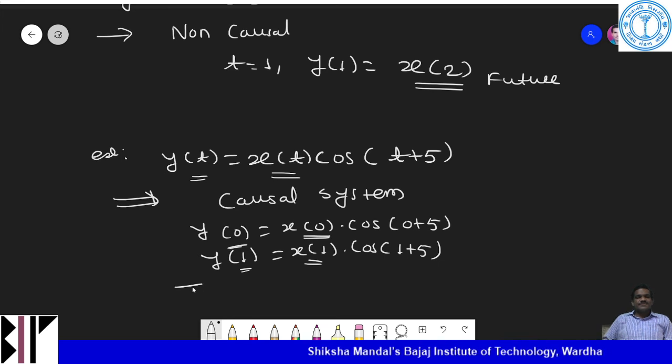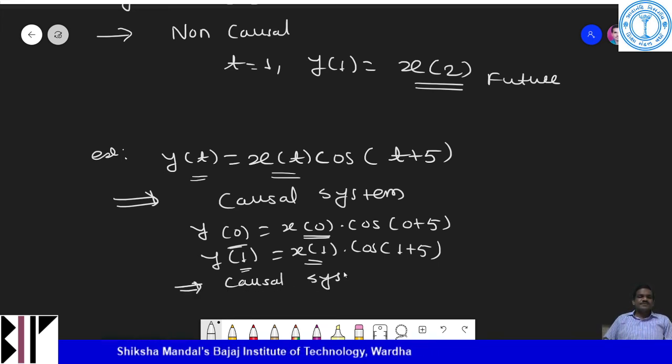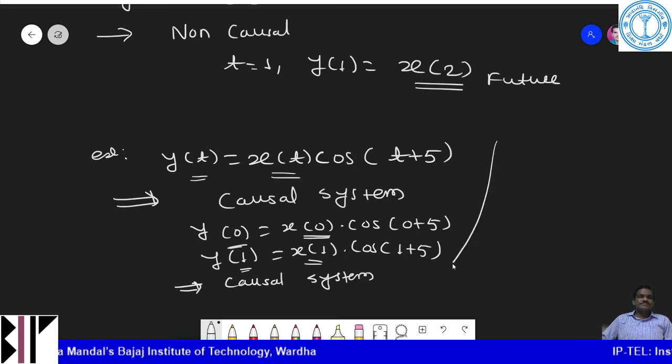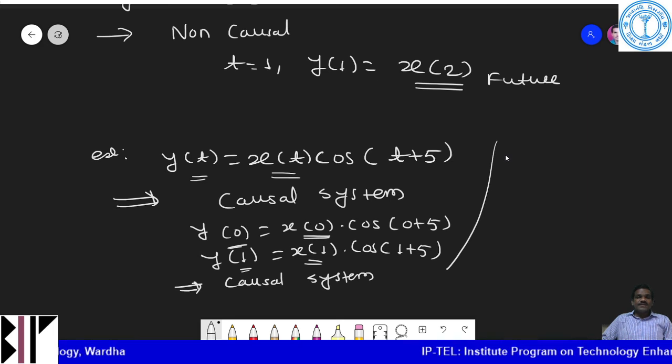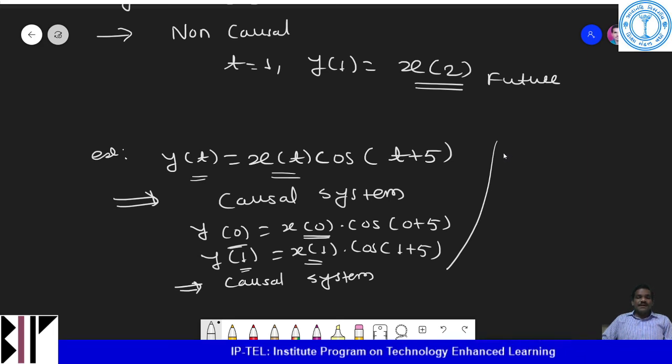So the system is a causal system. A system is said to be causal if it depends on the present and past input only and not on the future input.